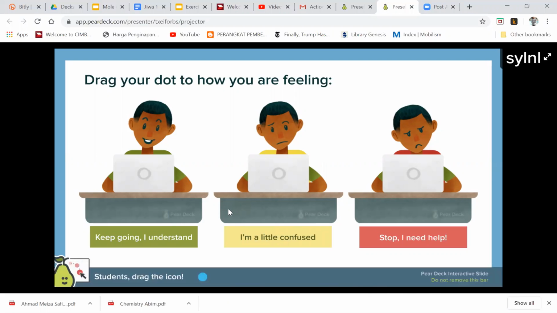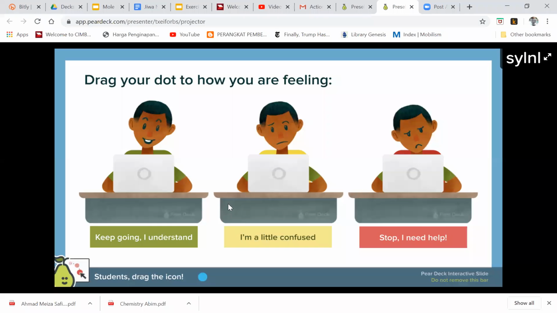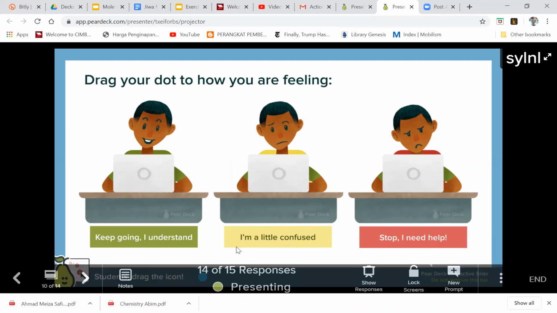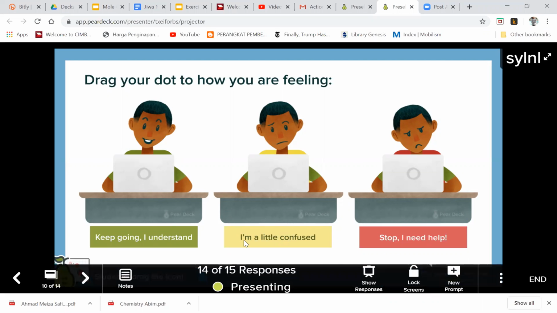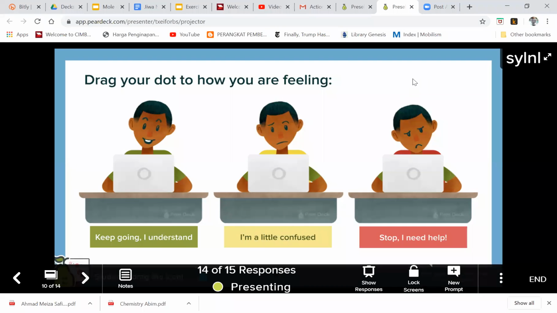I'm still waiting for the others. So from here, let's see whether you are going to continue or not. 13 of you, 14 of you, one more student, please answer. Drag the blue color, okay? Drag it.